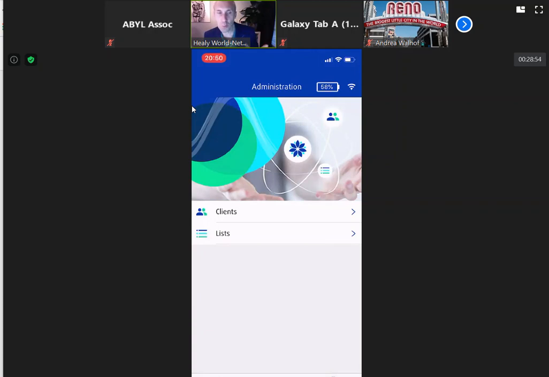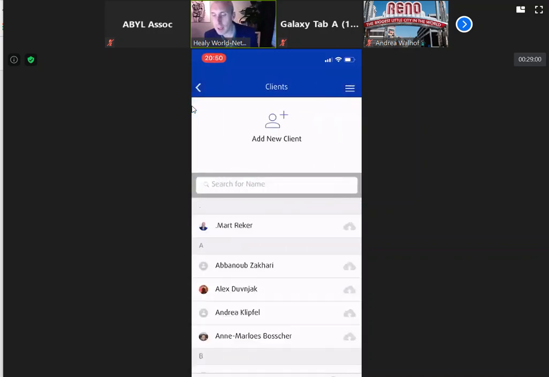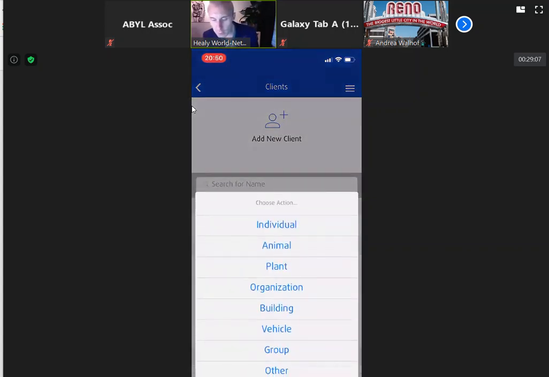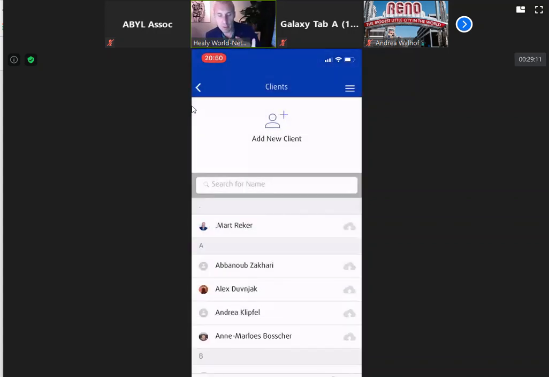So with all these programs, and you don't know which one to choose. Well, it makes it easy. You can create a profile, so you can create a person, an animal, a plant, organization, building, all these kind of things. That's all possible because everything has its energy. And we can do an analysis.